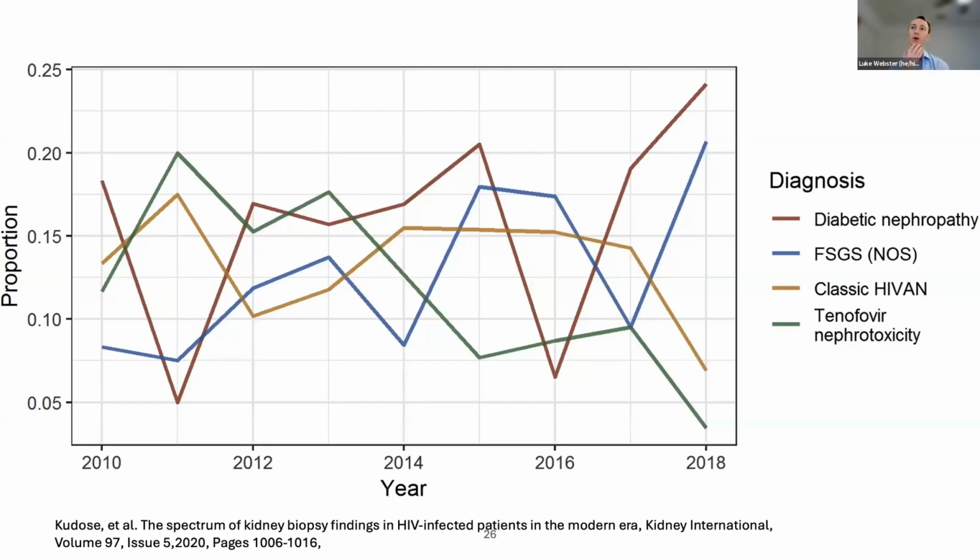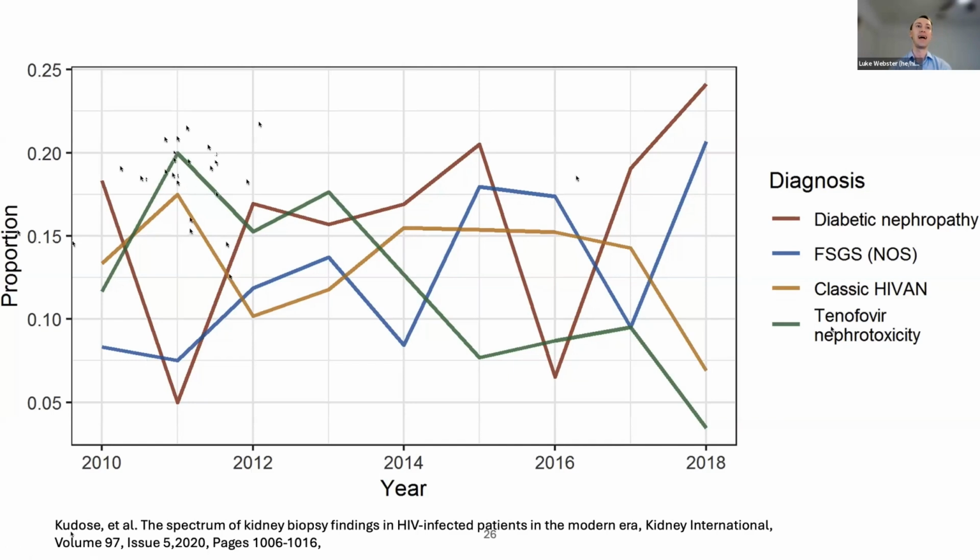But I think what is more telling is perhaps this graph. And the data is a little bit messy, so we're just going to look at the general trends. But this is taking the most common diagnoses in 2010 and comparing it with the most common diagnoses if you move forward in time to 2018. So perhaps back in 2010 and 2012, we're seeing a little bit more tenofovir toxicity.